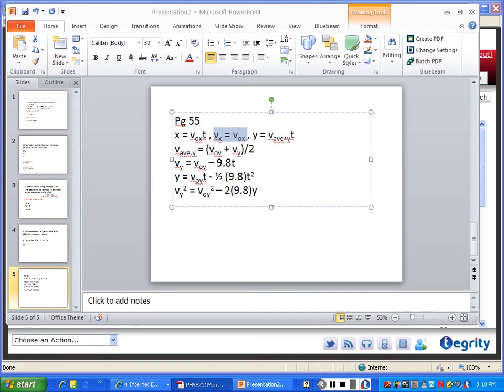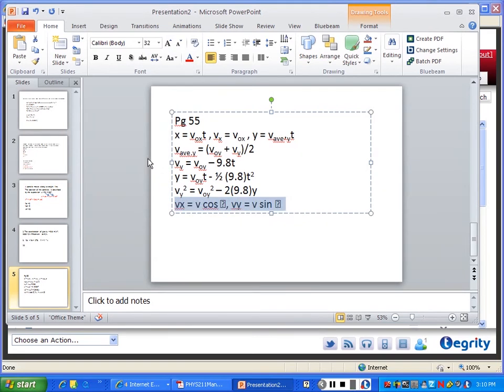described. Just want to scroll back here a little bit. On page 52, there was a problem example given which showed VOY and VOX.